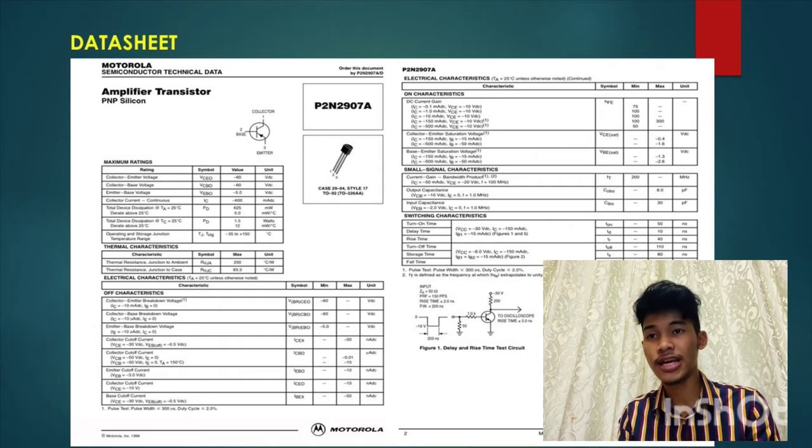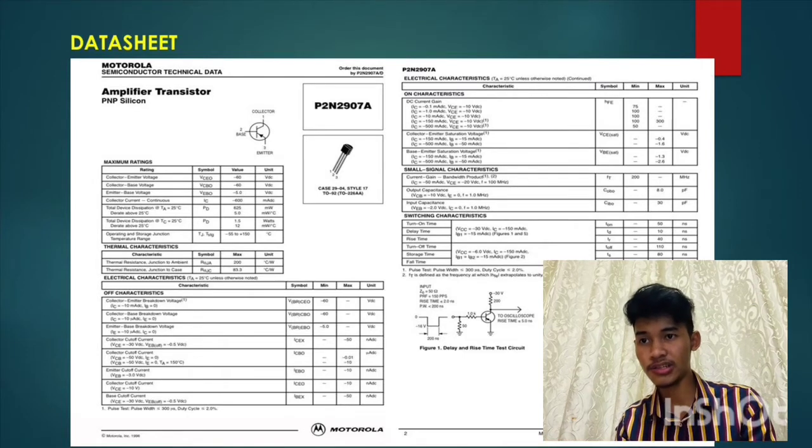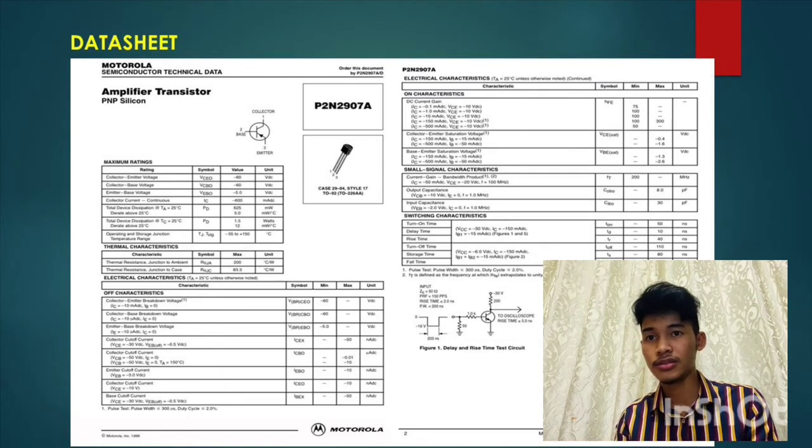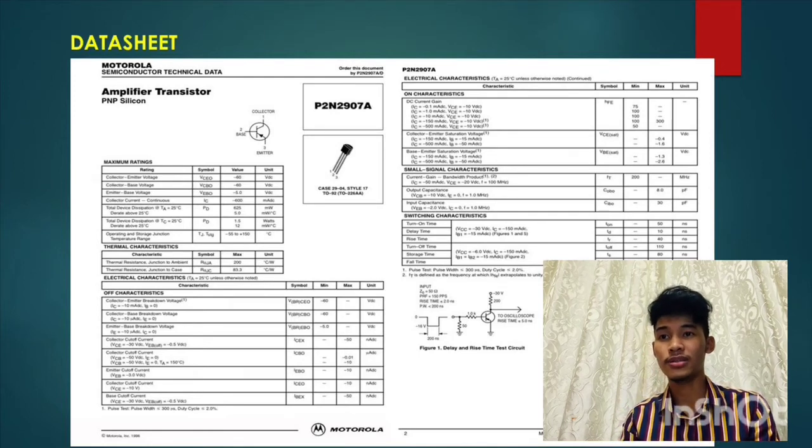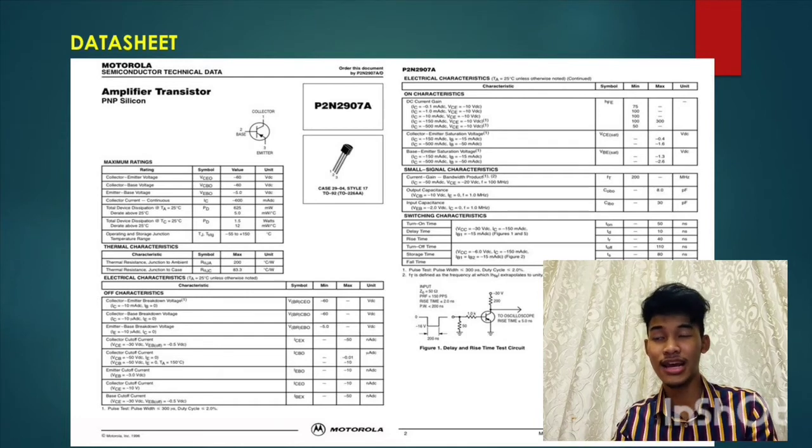It covers the maximum ratings, thermal characteristics, electrical characteristics, on characteristics, off characteristics, small signal characteristics, and switching characteristics. So this is about the data sheet of my transistor, my group's transistor.